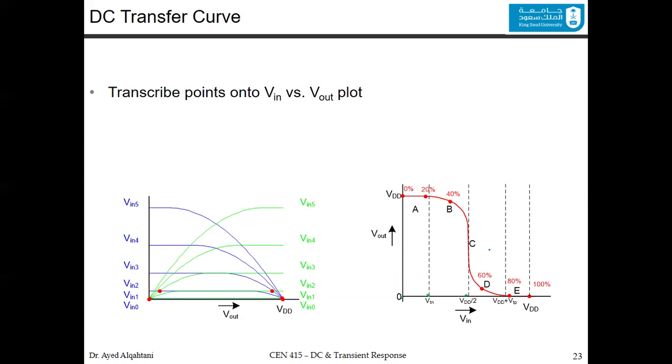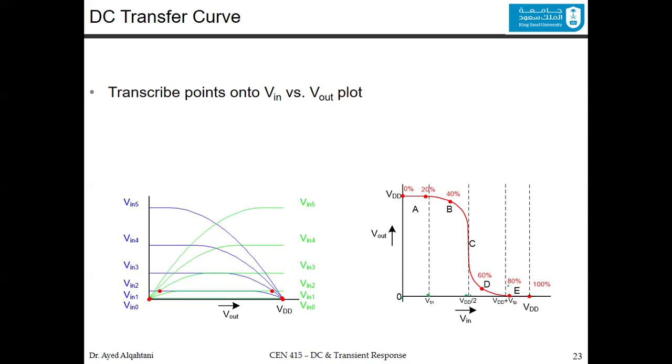Now, let's discuss C later. Jumping to region D, we have the operating point 60%, which is between VDD divided by 2, not exactly the point, approaching it from the right, to VDD plus V threshold of P. In region D, the NMOS is now linear and the PMOS is in saturation.